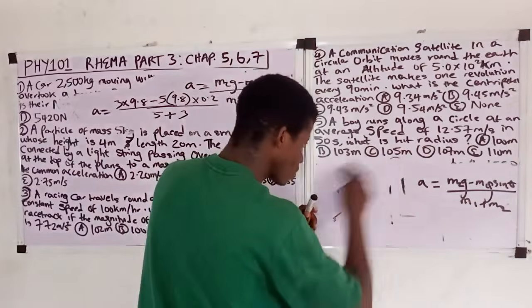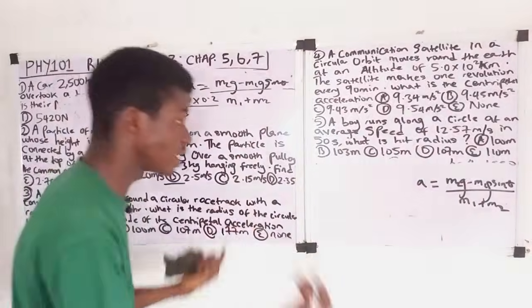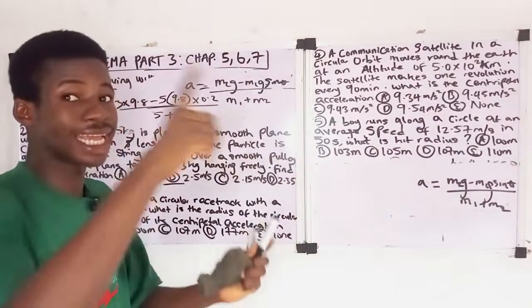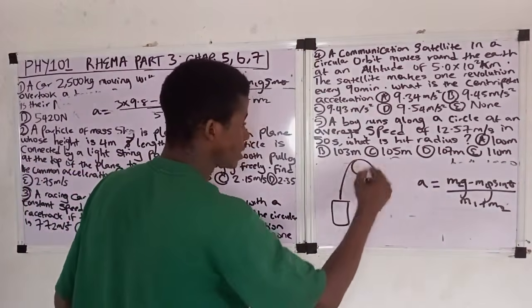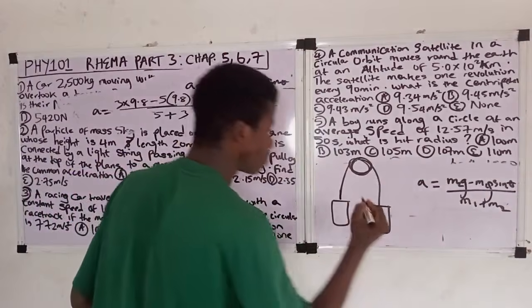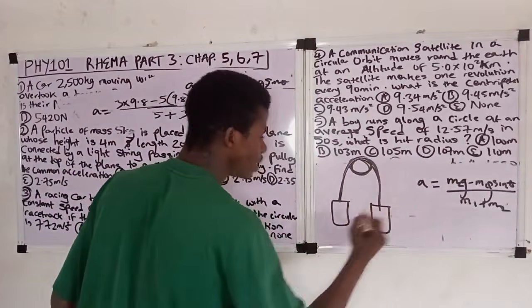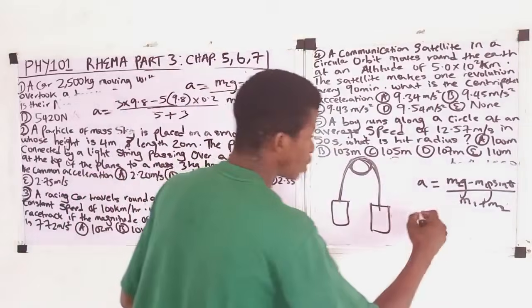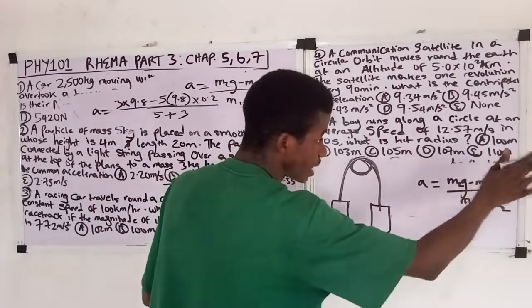Now, when the two masses are both suspended freely over a pulley and connected by a light string, and they tell you to calculate their common acceleration, the formula is almost like this, just remove the sin theta.